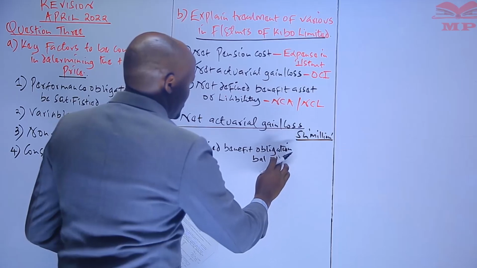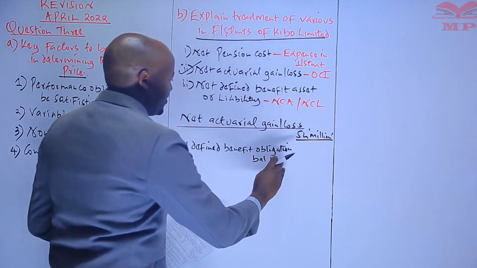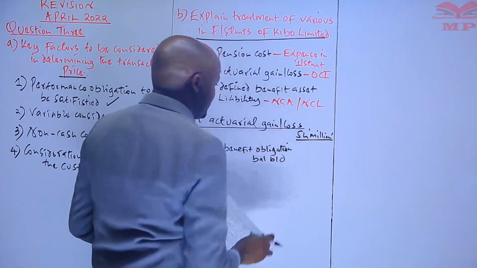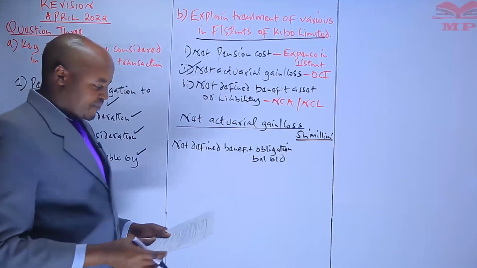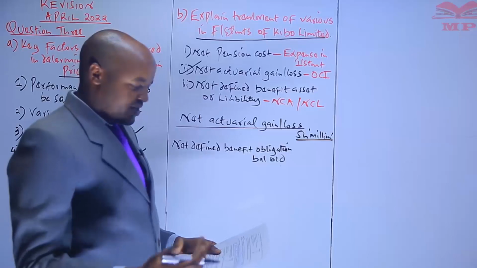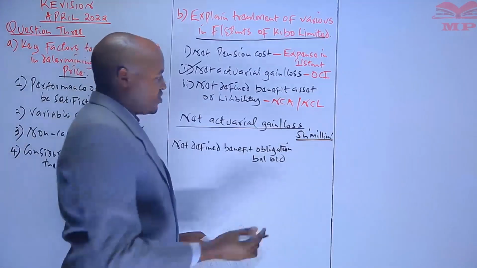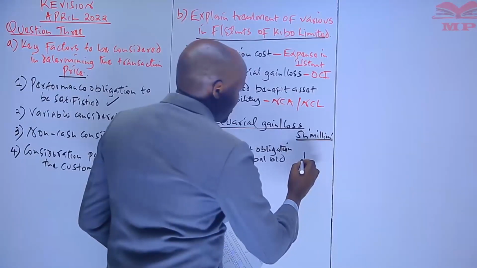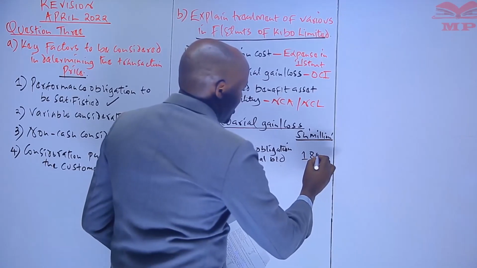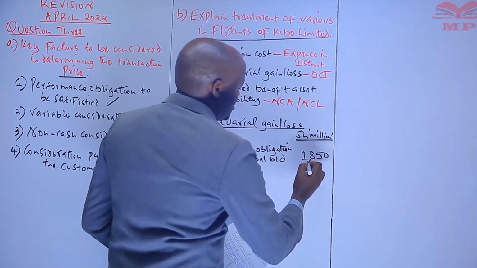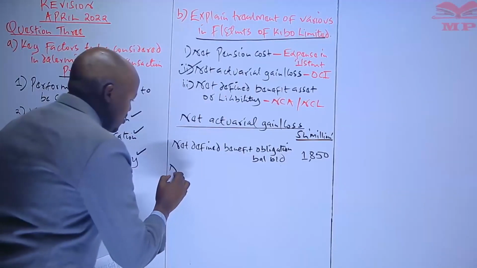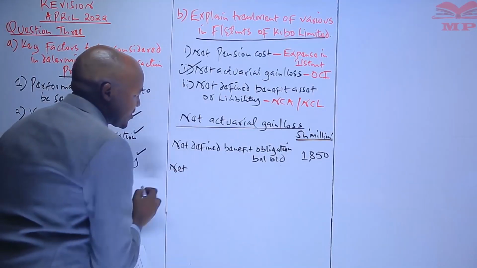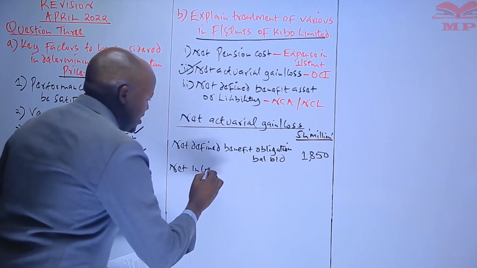When we talk about the net defined benefit obligation balance brought down, this is the opening balance, what you are given as the net defined benefit obligation on 1st January 2021, which is 1,850. Now to this, what do we add? To this we add the net interest cost.